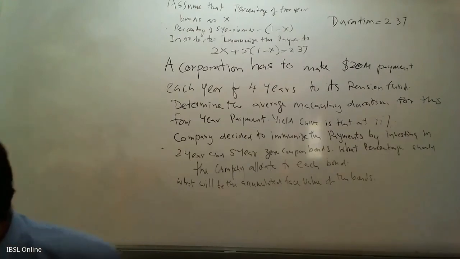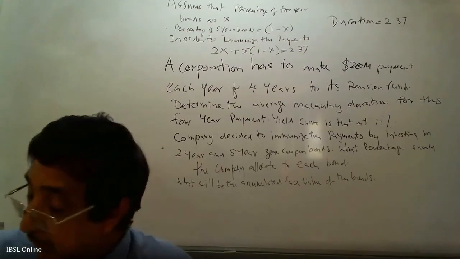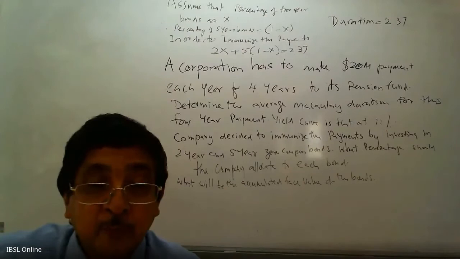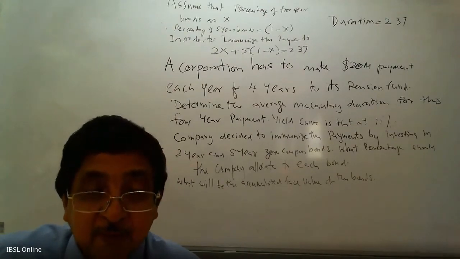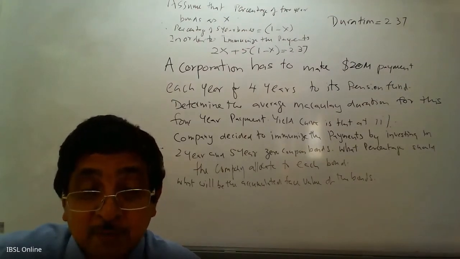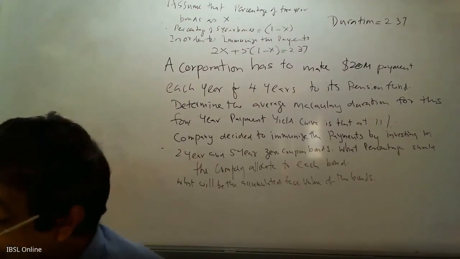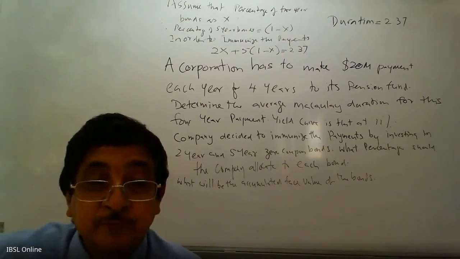So those values we can calculate, and it comes to, for 2-year bonds, the market value is 54.6. And for 5-year bonds, the market value is 7.44.